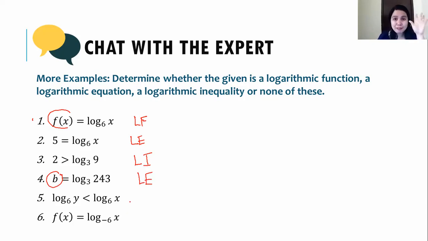Next, number 5. Log 6 of y is less than log 6 of x. It's a logarithmic inequality. Very good. And the last one, number 6. F of x is equal to log negative 6 of x.